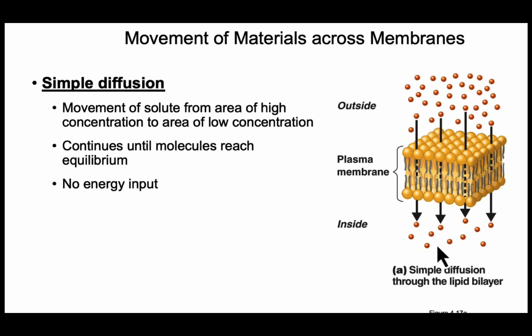They basically will freely move through the plasma membrane until the concentration is the same on the inside and the outside. And that does not require energy because the molecules on the outside are following the concentration gradient to the inside. If there were a higher concentration of molecules on the inside, they could then diffuse to the outside. So it can go both ways. It just will always go from an area of high concentration to low concentration.